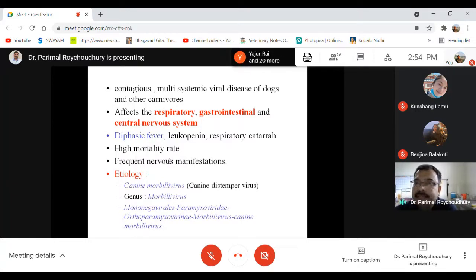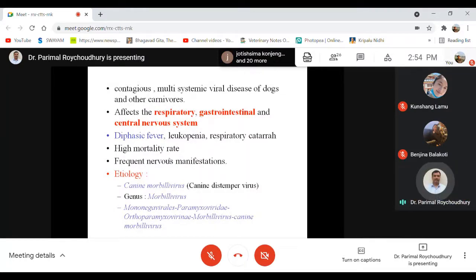This is a multisystemic viral disease: the gastrointestinal, central nervous system, respiratory, as well as the hematopoietic system are all affected because of this virus infection, and that leads to conditions like leukopenia.